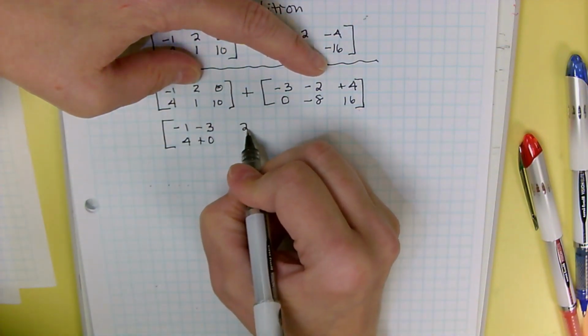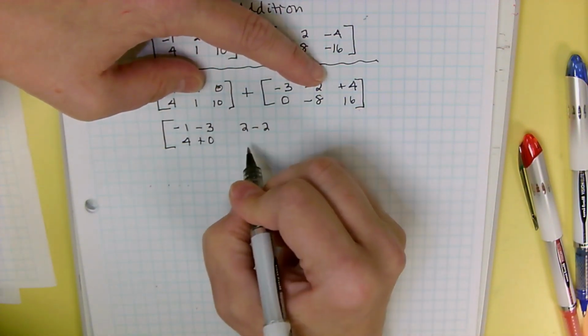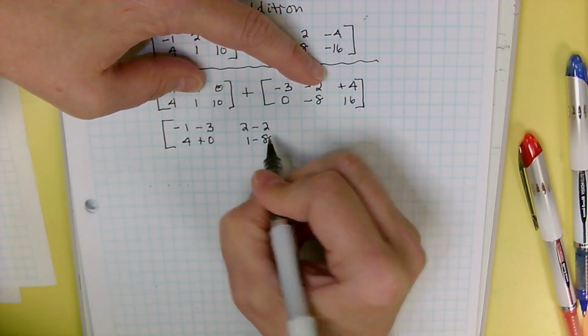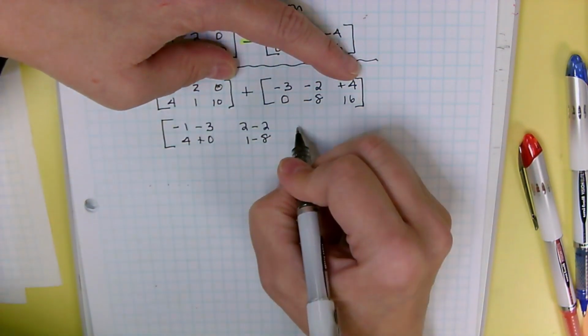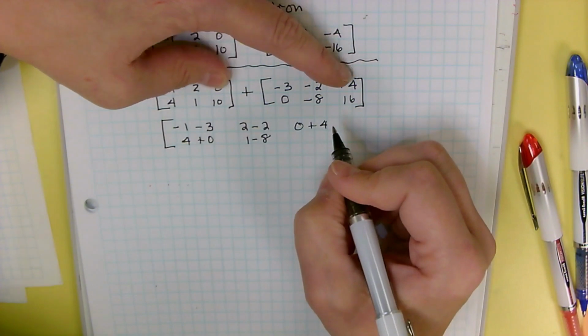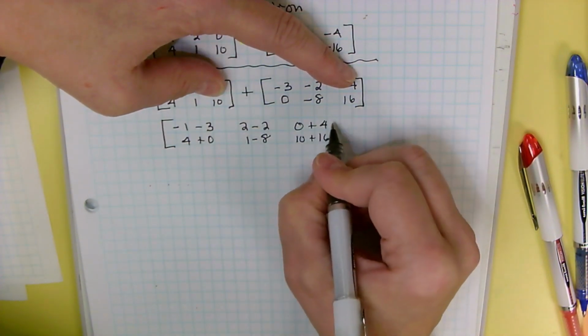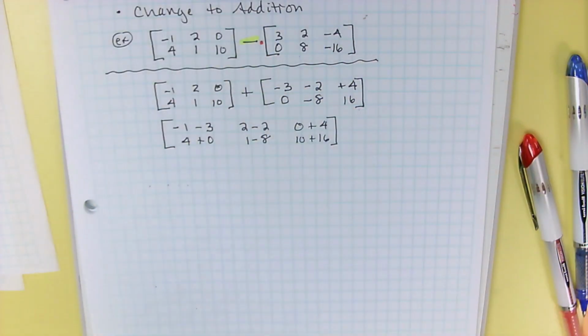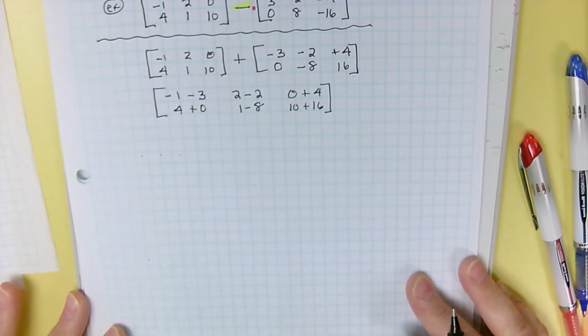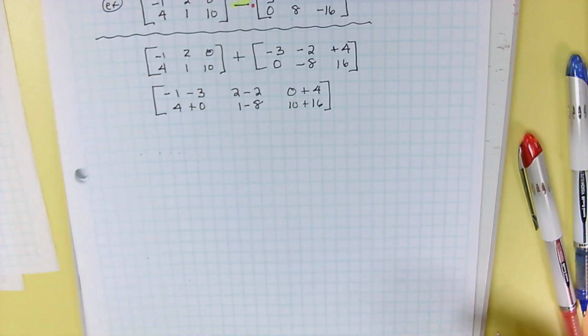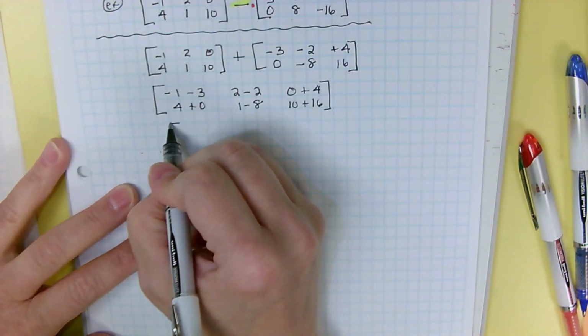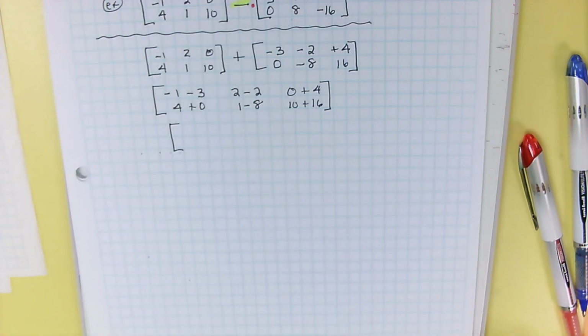Now the middle, 2 minus 2. Go down, 1 minus 8. Now the side, 0 plus 4. And 10 plus 16. Okay, so now that's our calculation matrix.